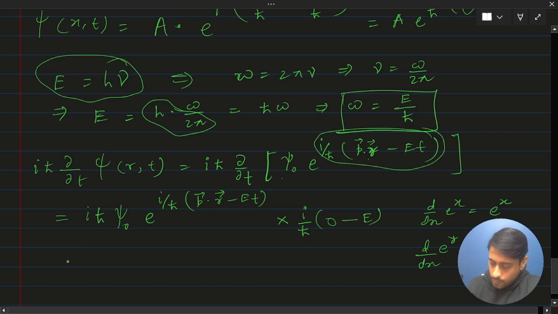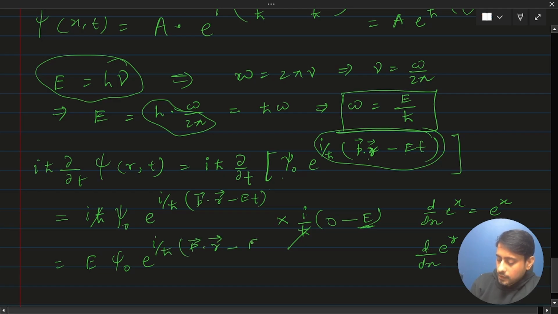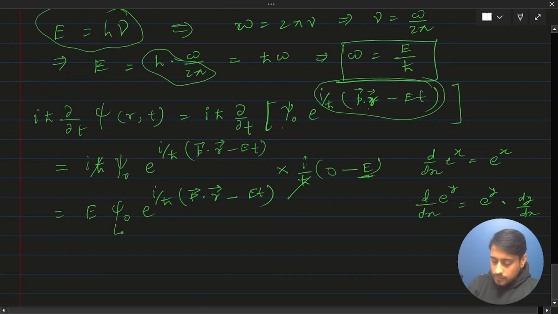So this h bar will cancel with this, and i times i gives minus 1, and then multiplied with minus E will give you E, into psi naught into e to the power i over h bar, p dot r minus Et. And this is nothing but the expression itself, so this is E psi of r comma t.